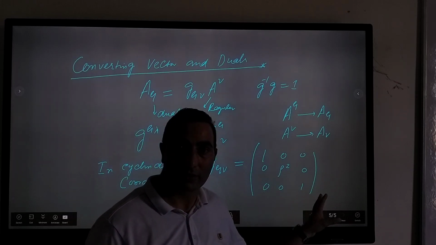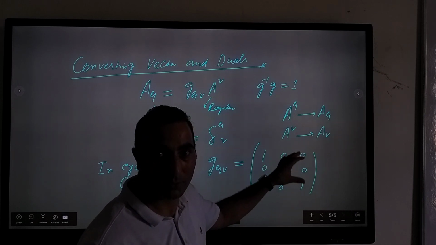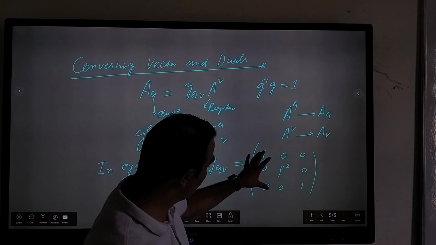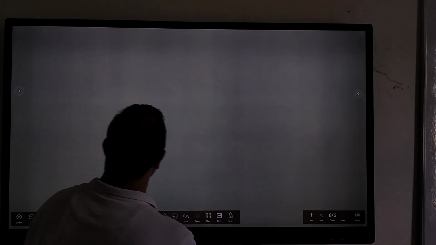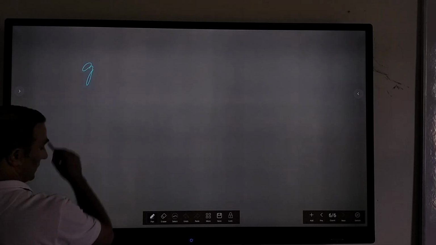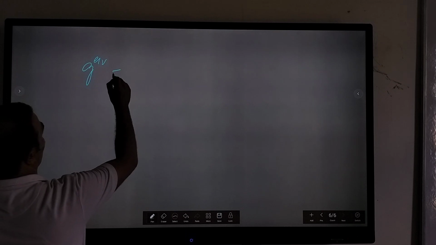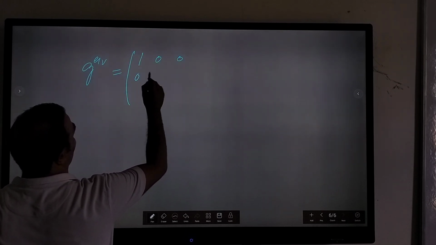Now if you write it as the inverse of the matrix, because this is our G_μν, right? You are talking about Euclidean space, three-dimensional space, I meant. So we have this in cylindrical coordinates, and if you want to calculate its inverse, you write G^μν.